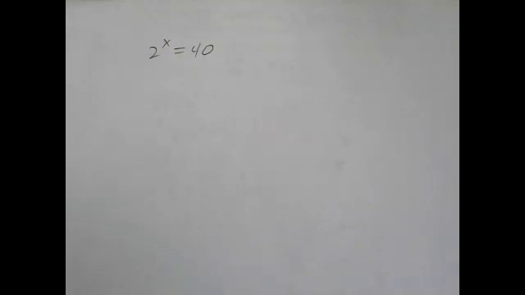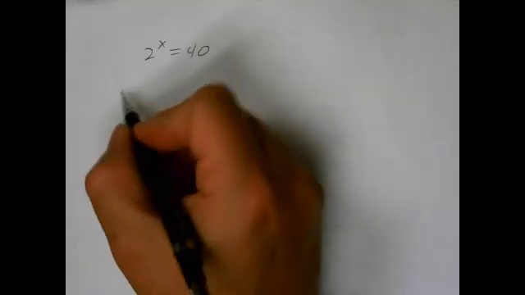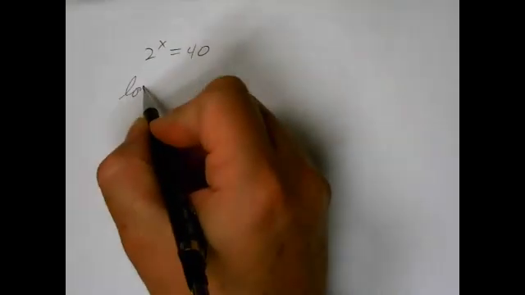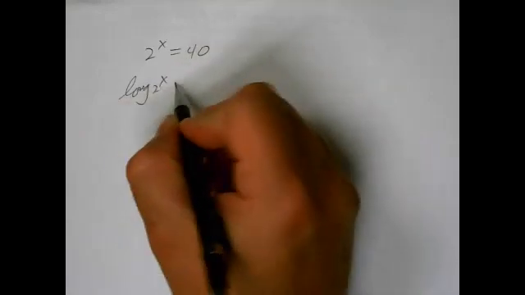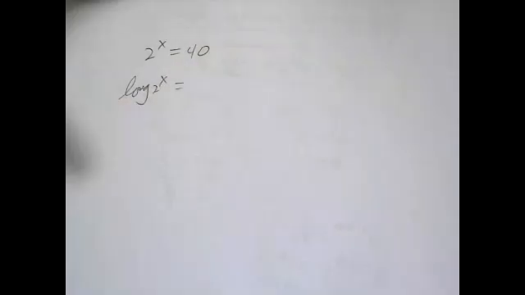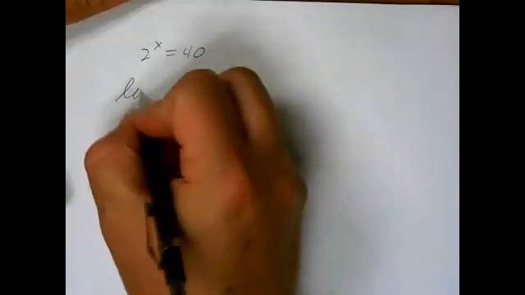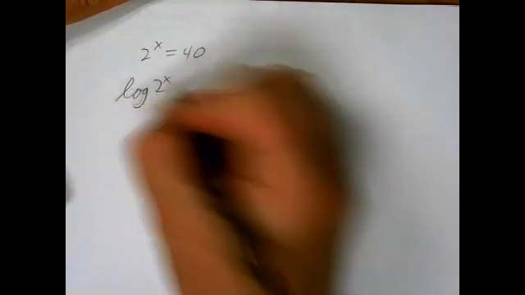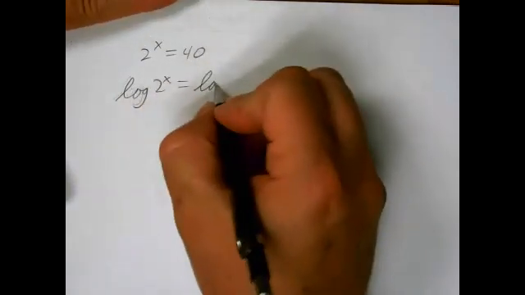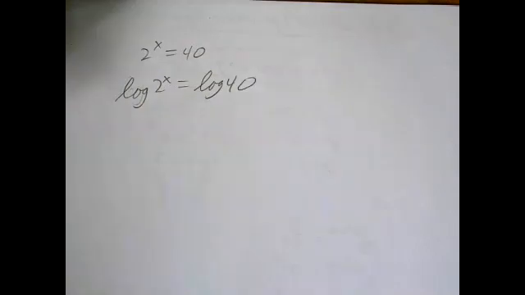Remember, the properties of logs say that if you had the log of 2 to the x equaling, let me actually write that a little bit more neatly. We have log of 2 to the x equaling log of 40.